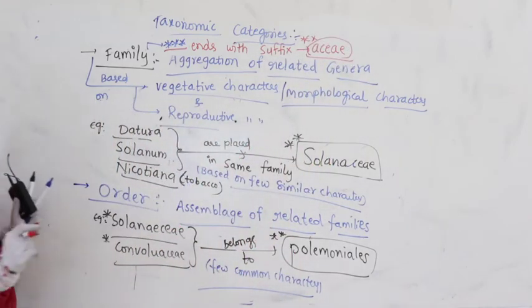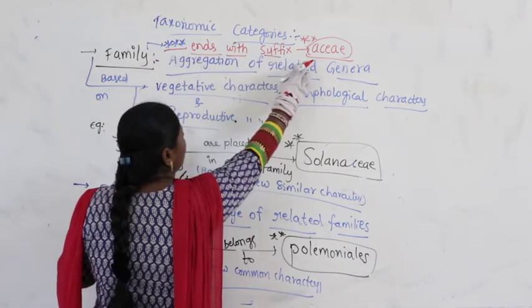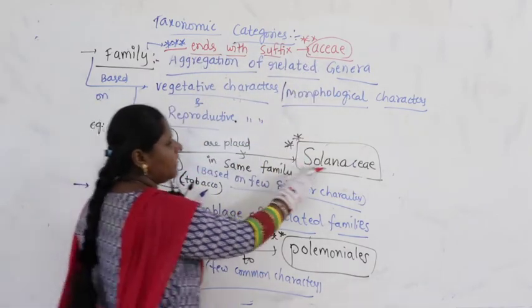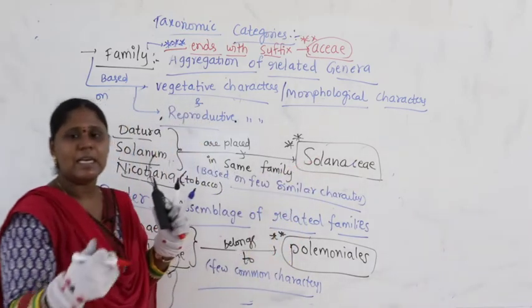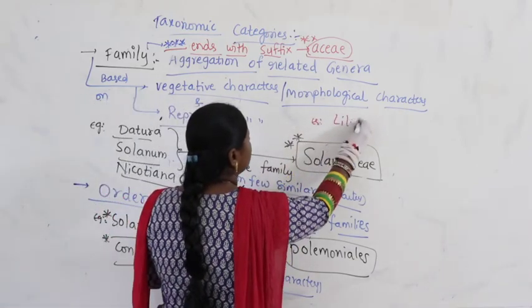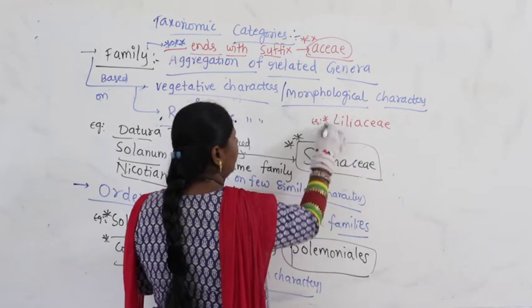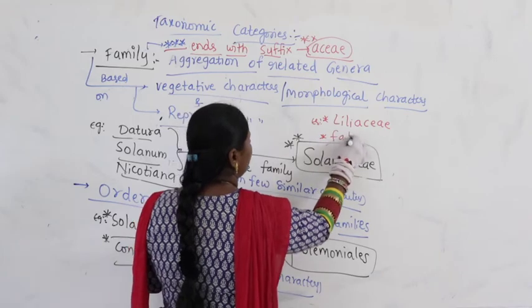Family name always ends with the suffix -aceae: Solanaceae, similarly Liliaceae, and apart from this Fabaceae.